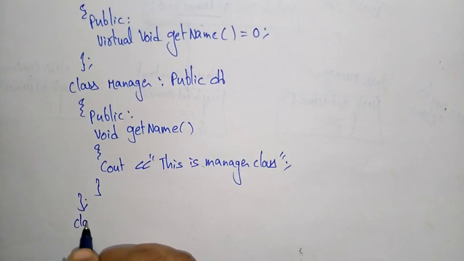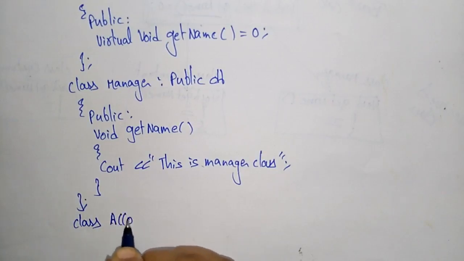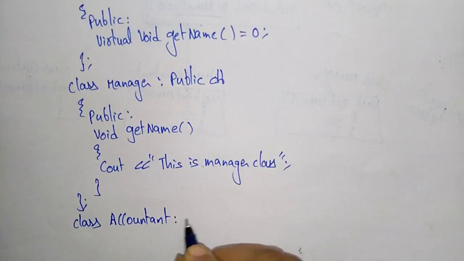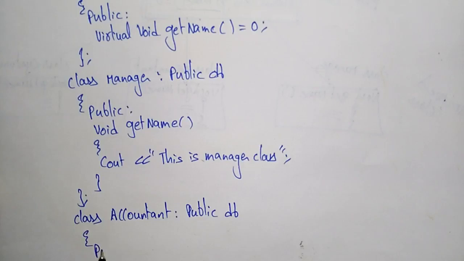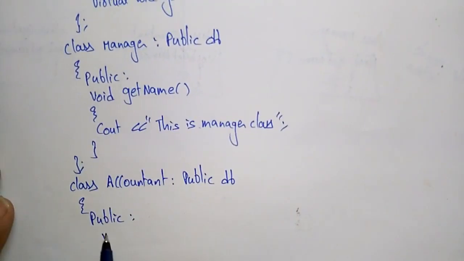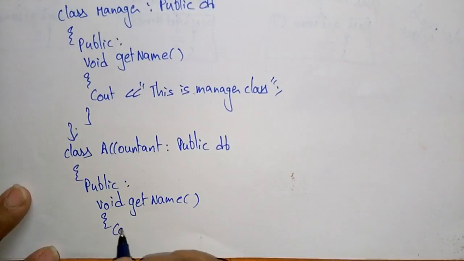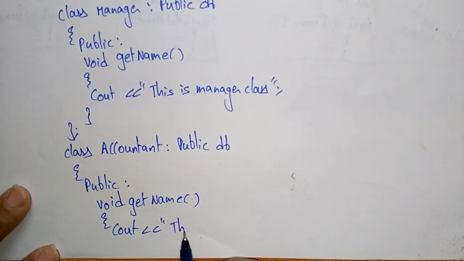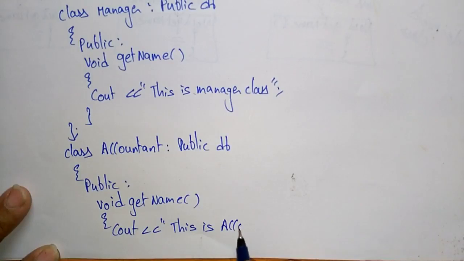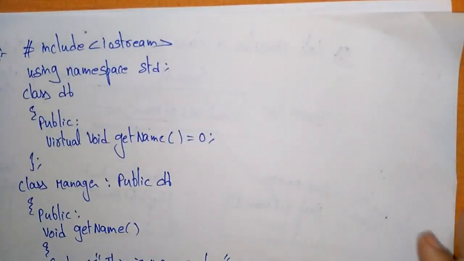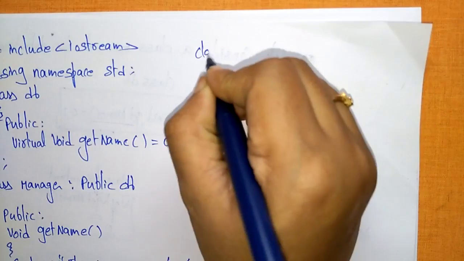Now I am writing another derived class, class accountant, public database as the base class. Now define the function void getName with its own definition, printing with cout, this is accountant class. Close the class. Now take the customer class.